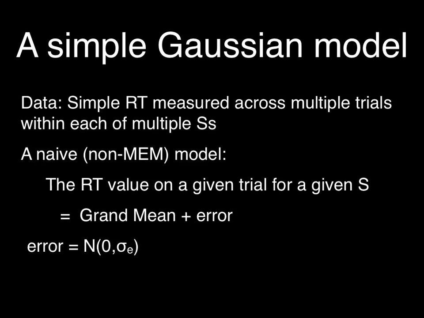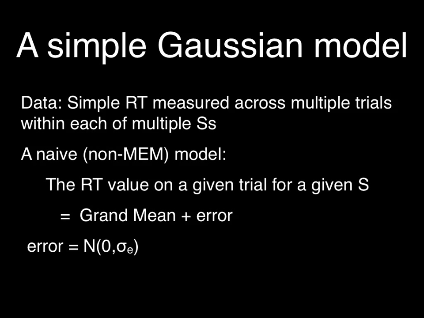In this naive model, as in a lot of statistical contexts, we model error as a normal distribution, the normal or Gaussian distribution with a mean of 0, so the error doesn't bias the equation, but it has some variability. I'll often talk about variability, variance, and standard deviation here. I use them pretty much interchangeably, although variance is, of course, the square of the standard deviation. So sigma e represents the standard deviation of error in this simple naive model.